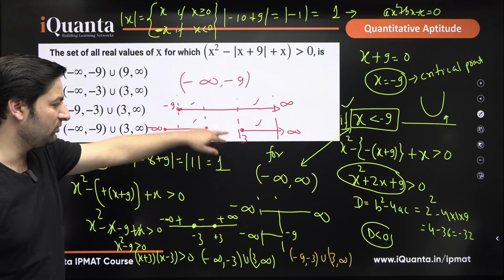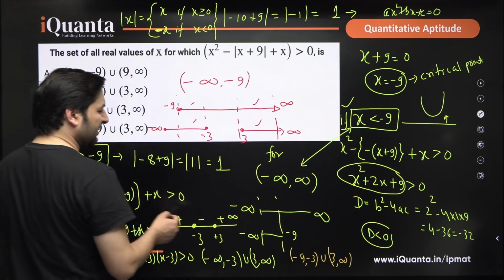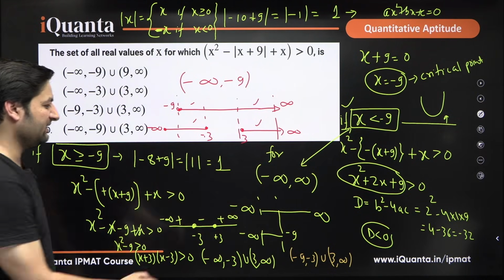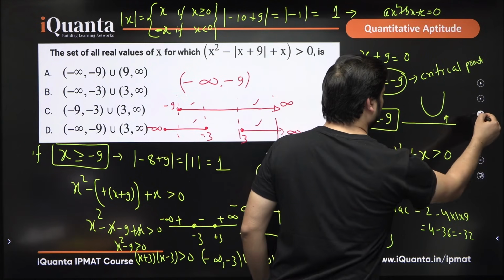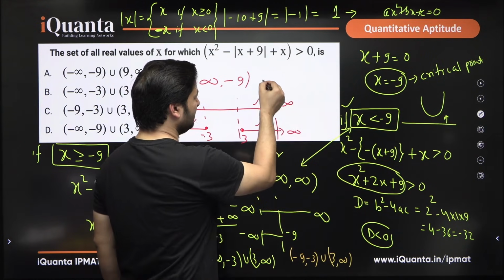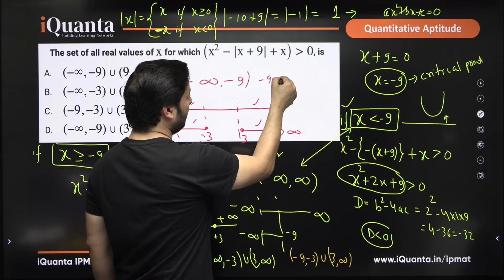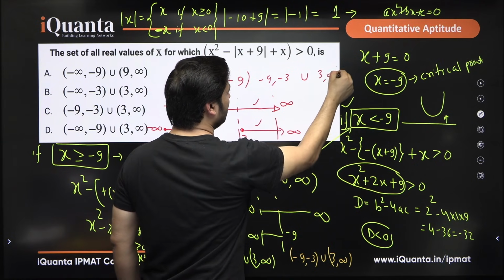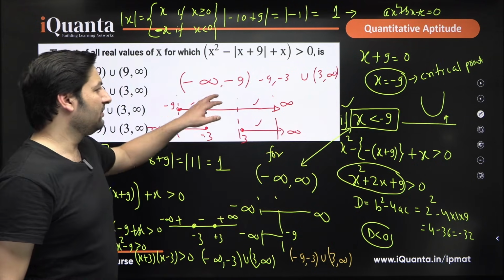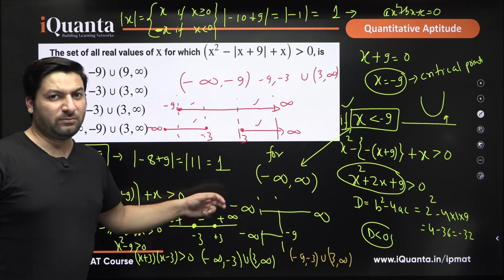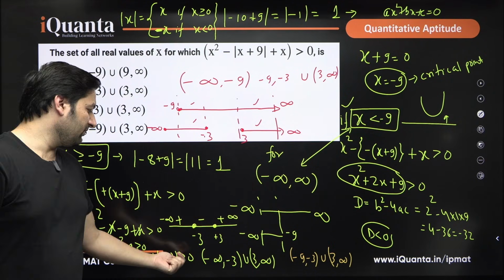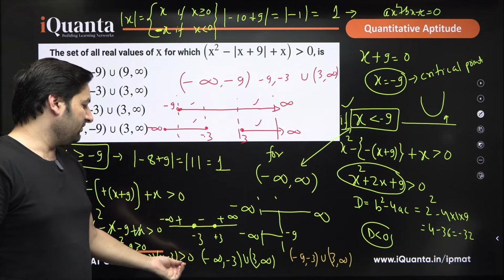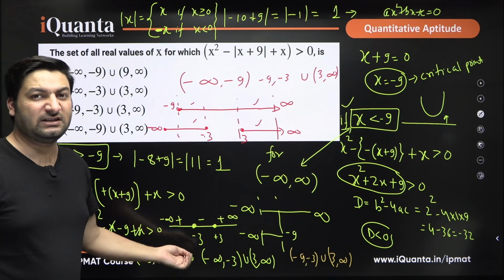So see, in both the cases I could get a solution. Here I got this solution. What is the solution that I am getting in the second case when I took x greater than or equal to minus 9? I got, let me write it over here, minus 9 to minus 3 union 3 to infinity, right? I hope you understand why I am putting an open bracket here, because we only put the equal to bracket when we have an equal to sign here, when it is satisfying the inequality.